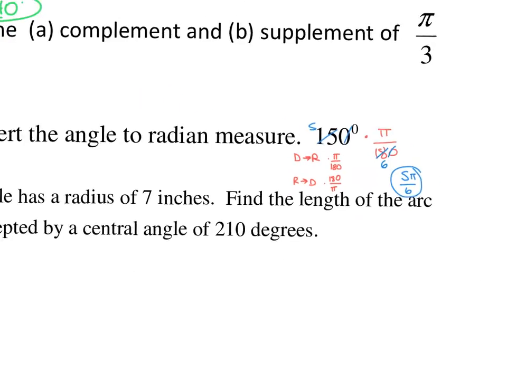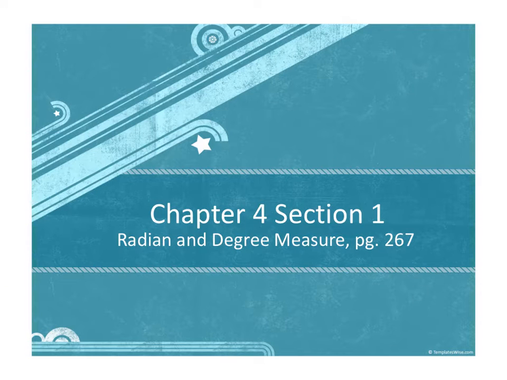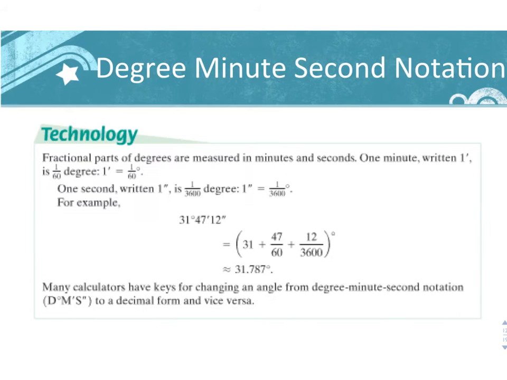Okay, so the first thing I want to do is go back to, if you go to 4-1 notes and you go back to this one, so we skipped this one. This was slide 12. This is degree, minute, second notation. So this is just another way of writing a degree, and it's called degree, minute, second notation.